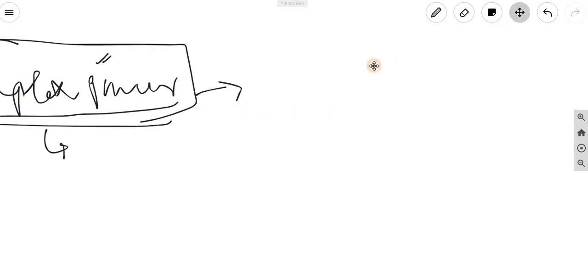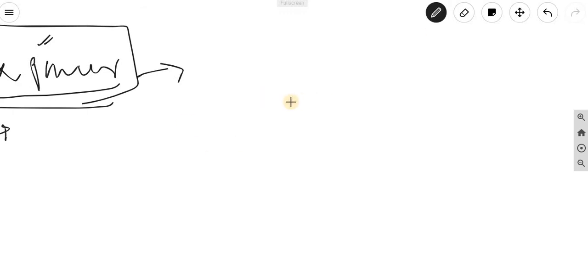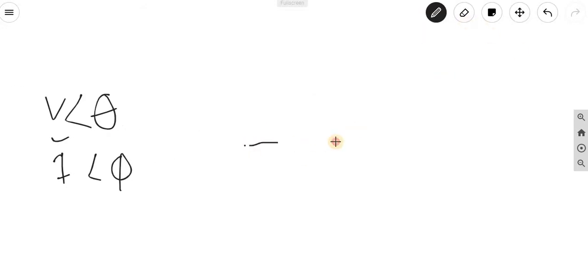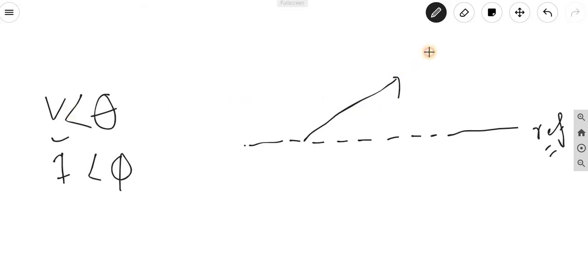Suppose in an arbitrary way we don't know the reference voltage or current, but we know the voltage as an expression V at angle theta, and the current at angle phi. Suppose with respect to some reference, the voltage angle is theta and the current angle is phi.